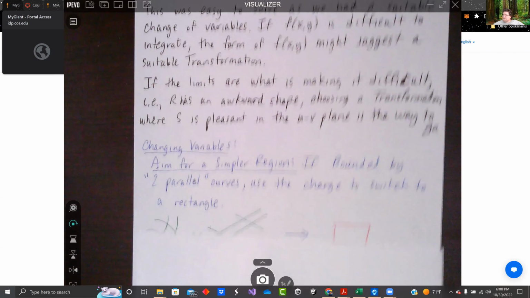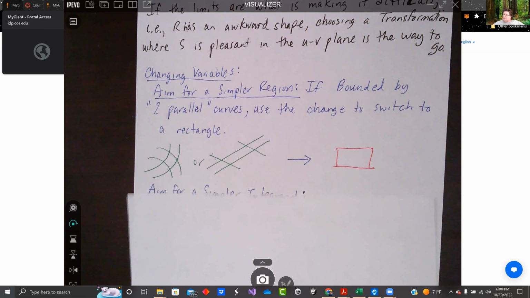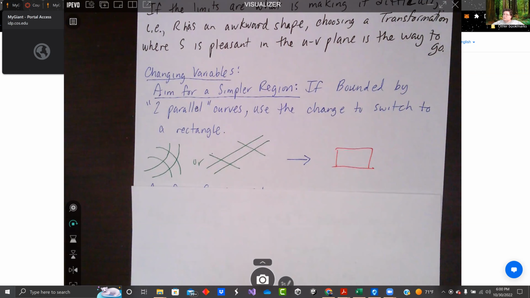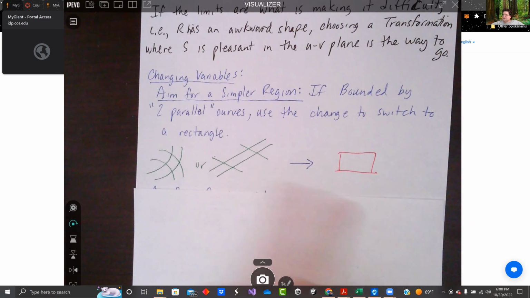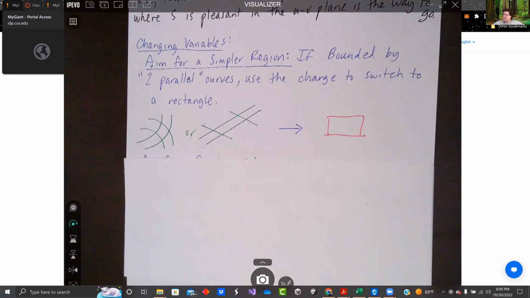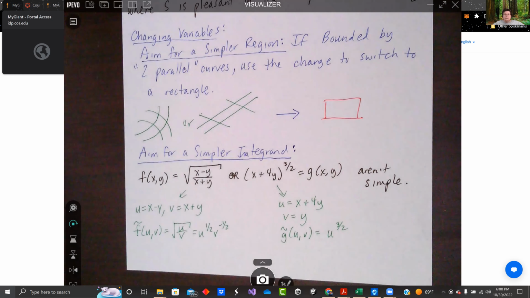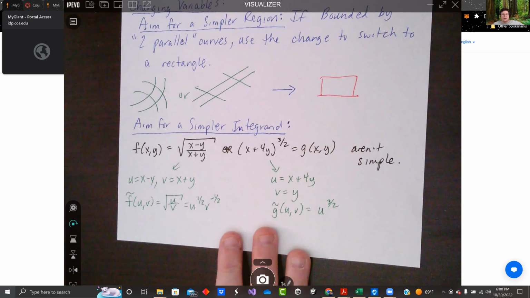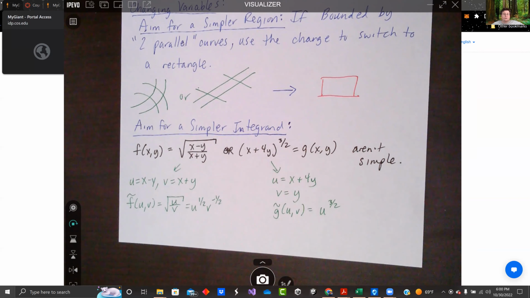So a little example of this. If it's a nasty region in u and v, or x and y, like these are hard to integrate, try to find something that makes the limits go to something nice. And then if the actual function we're integrating is nasty, like maybe square root of x minus y over x plus y, this one's not too bad, but we could do a transform for it.